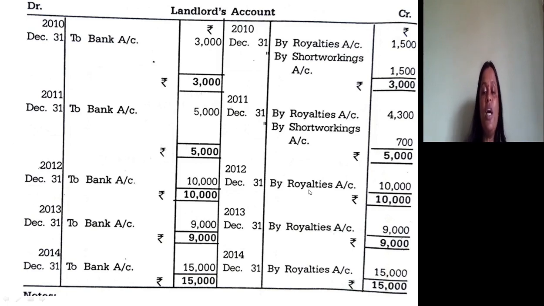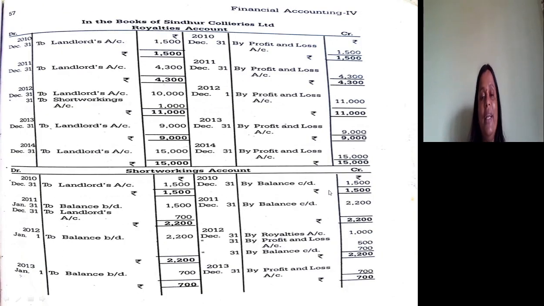Journal entry: first we have to pass the due entry. Due entry is royalty account debtor 10,000. To landlord account or lessor account 10,000. Short working will not come because short working will get debited only when minimum rent is more than the royalty. Here royalty is more than the minimum rent. So royalties account debtor to landlord account to the extent of the amount payable to the landlord.